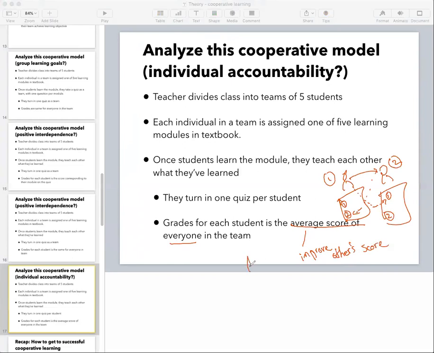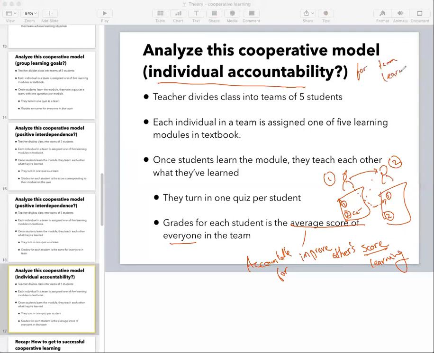They are being accountable for improving a different student's score. And this is the way the grades are in this class. So because they're accountable for improving someone else's score or measure of learning, they are accountable for improving someone else's learning. And so this is an individual accountability for the team learning.